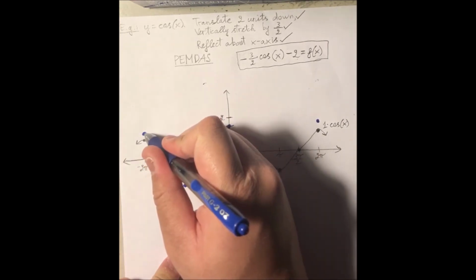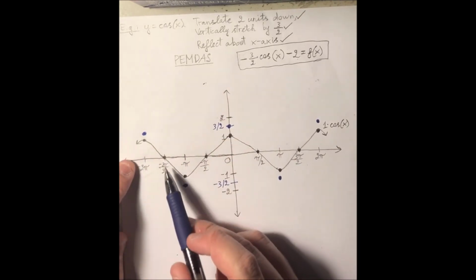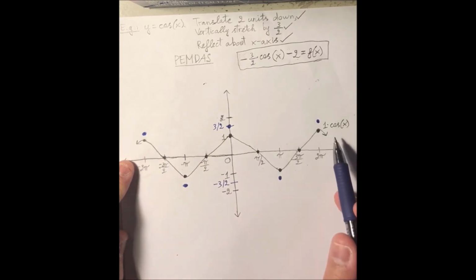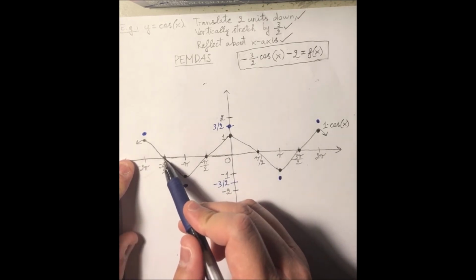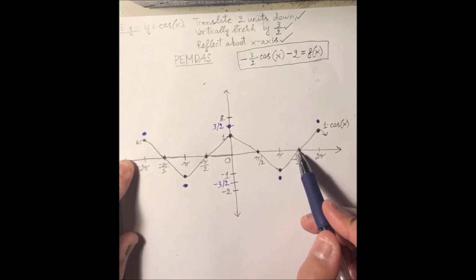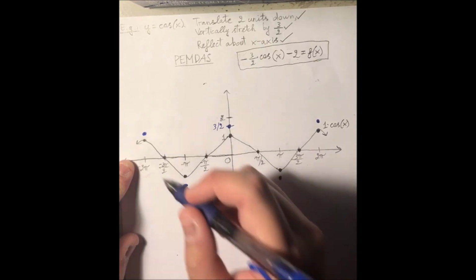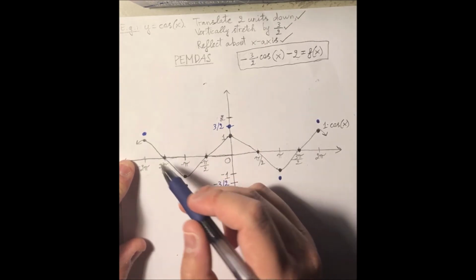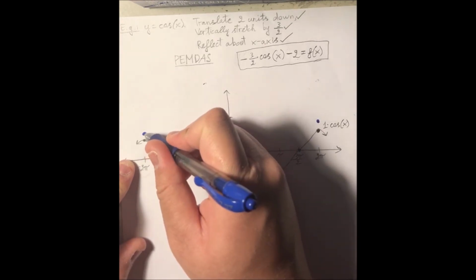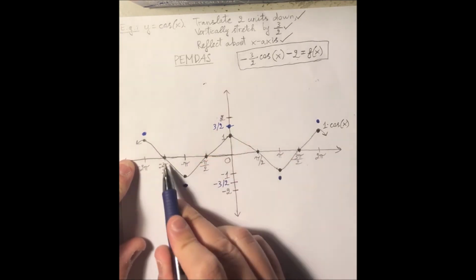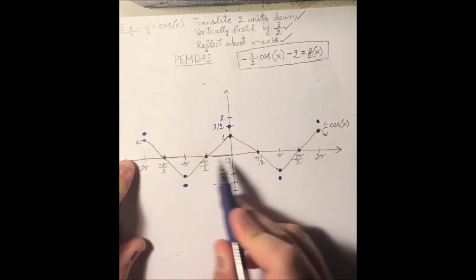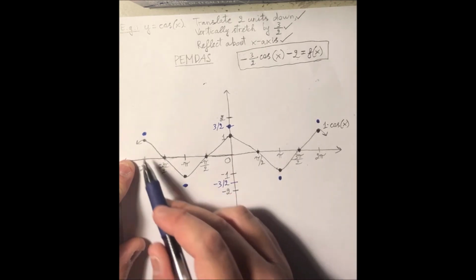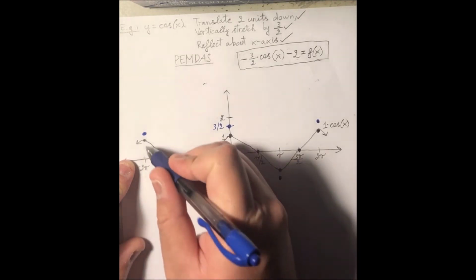Another fun fact is that when we take the most recent graph, which is the graph of the parent function of cosine of x, all of the points on the x-axis of the most recent graph are going to be the points of intersection between the most recent graph and the graph that you're doing right now. So these points here, here, here, and here will be the points of intersection between the blue graph and this graph.